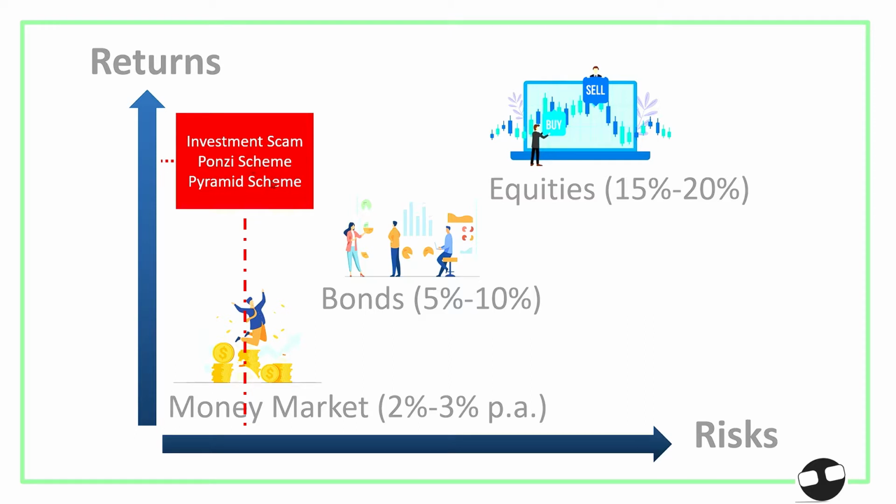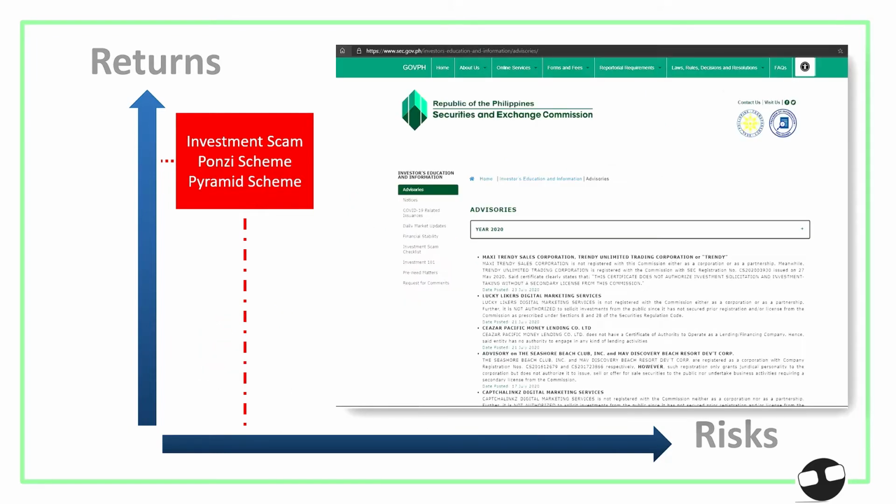Now, how do you check, verify, and confirm that this business model or investment option is actually good? You can go to sec.gov.ph. Here you can go to home, and then we have investors education. These are advisories. If you heard some news about companies, you can check them here.